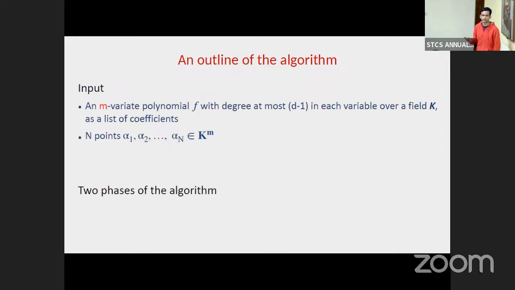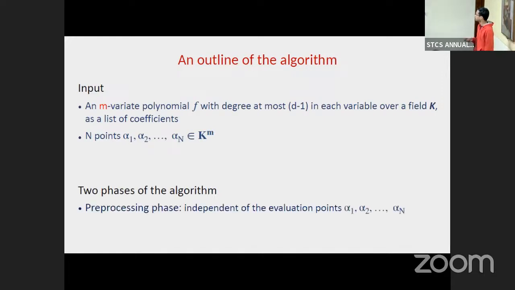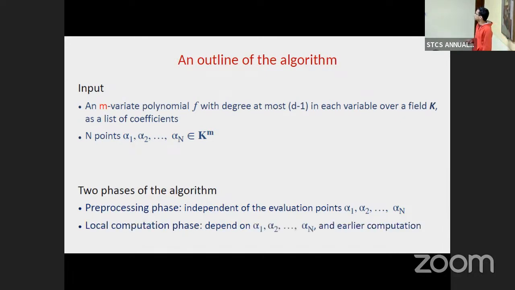This algorithm has two phases. The first phase is what I call a pre-processing phase. The pre-processing phase of the algorithm is independent of the evaluation points. So I'm not even going to look at the alpha_i. I'm just going to look at the coefficient vector of f and the underlying field, and do some pre-processing. The second phase is what I call the local computation phase.